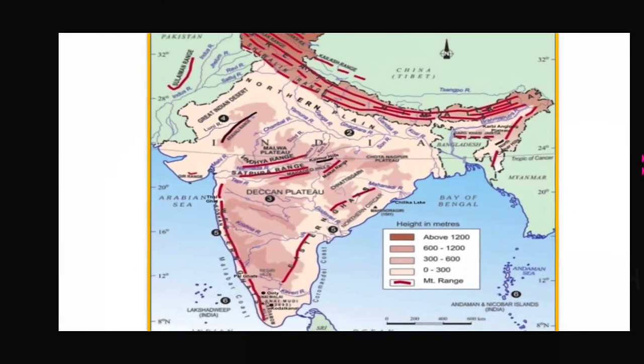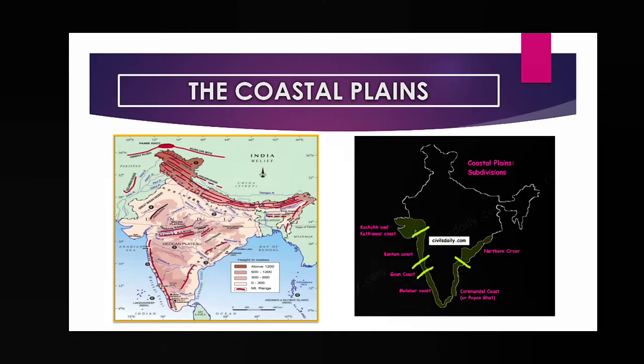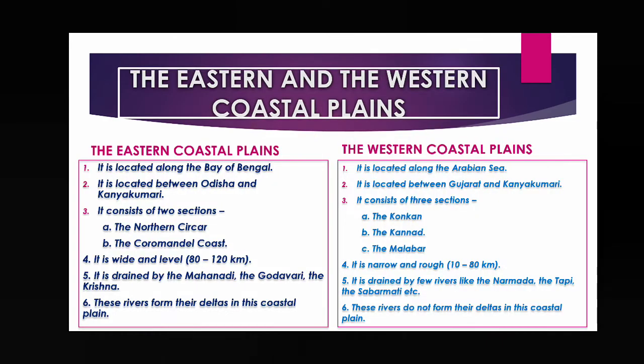Take a look, the Tapi here, the Narmada here, the Mahi river here, those types of rivers are there. So there are very few rivers, and they are not big rivers. Next, these rivers form their deltas in the coastal plain. So along the eastern coastal plain we can see deltas formed by the rivers, but along the western coastal plain there is no formation of deltas.